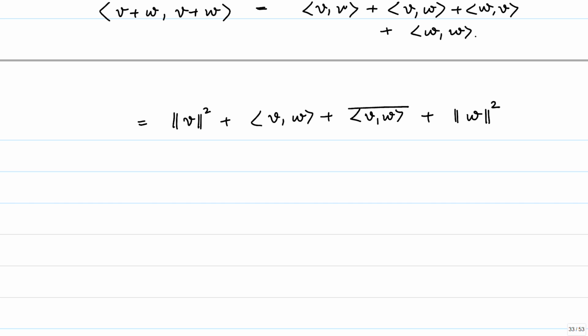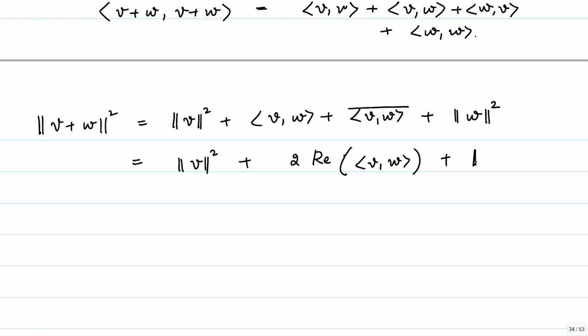That is nothing but the length of V plus W the whole square, isn't it? So this is equal to the norm of V square plus 2 times the real part. So this is just A plus iB plus A minus iB, which is just going to be 2 times A, which is 2 times the real part of the inner product of V comma W, plus the norm of W square.